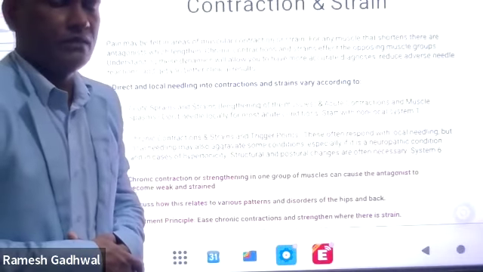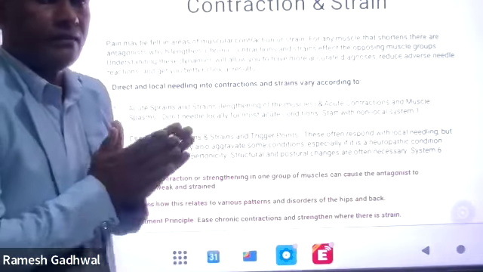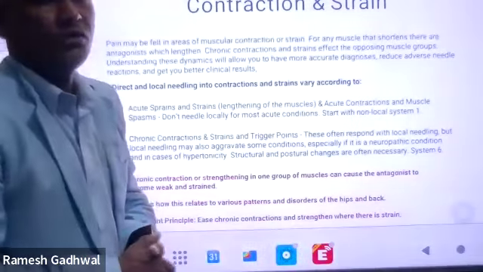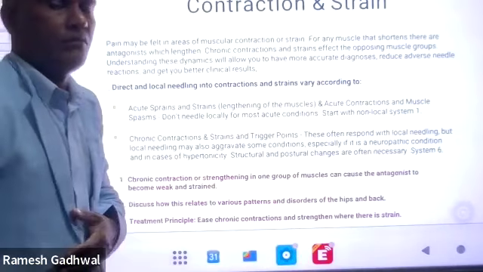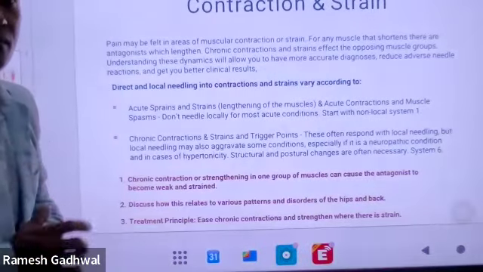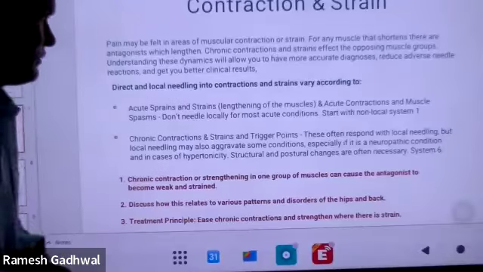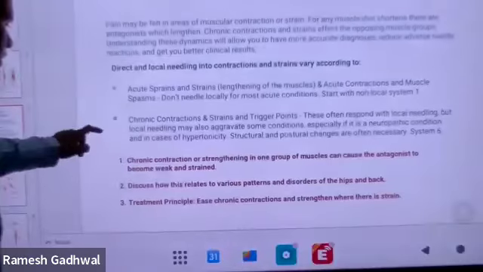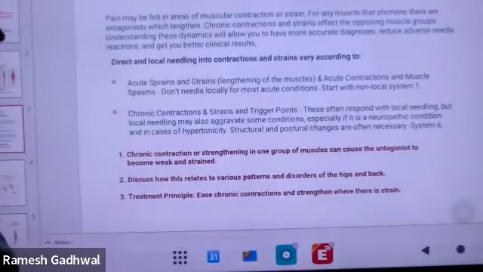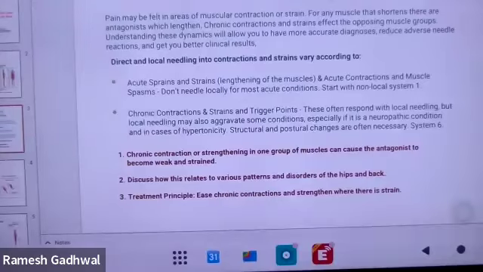Because of this, they are getting loose and weak, and the strong muscles become stronger and more contracted. Then chronic contraction or strengthening in one group of muscles can cause the antagonist to become weak and lengthened. Discuss how this relates to the various patterns and disorders of the hip and back.